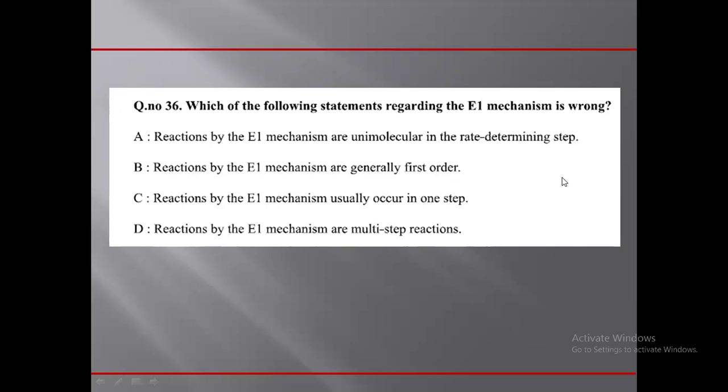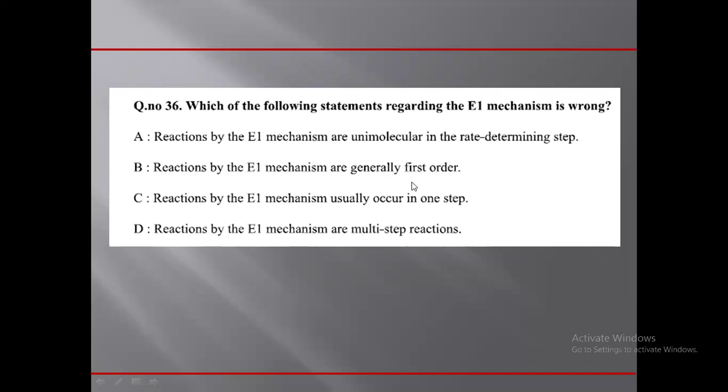C: reactions by the E1 mechanism usually occur in one step. D: reactions by the E1 mechanism are multi-step reactions. Looking at these four options, C is wrong.